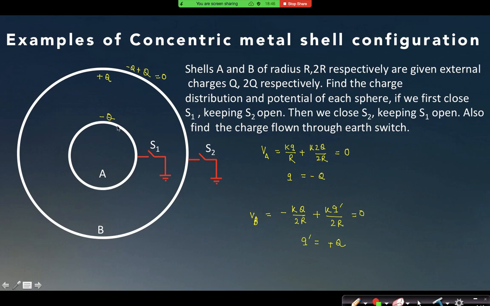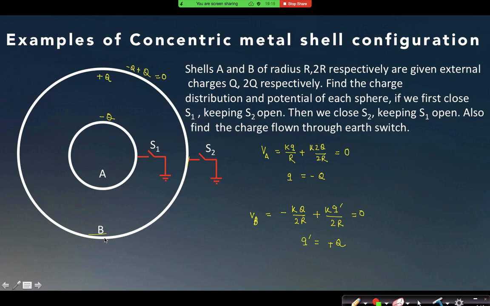So it is not always true that to make the inner shell's potential 0, its charge will be always 0. But if you earth the extreme shell, to make the potential 0, I can only take the charge on the outer surface, because inside everything is a part of cavity.